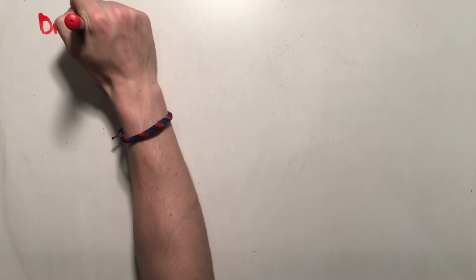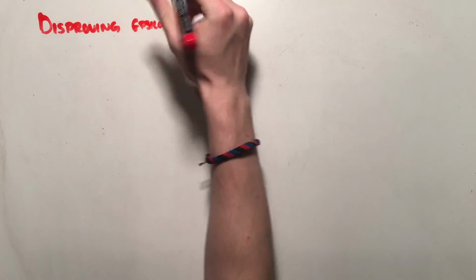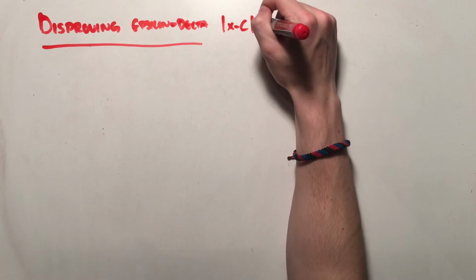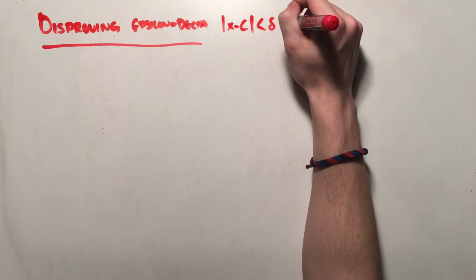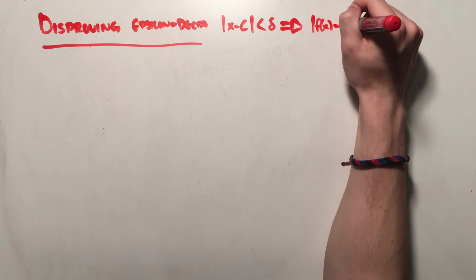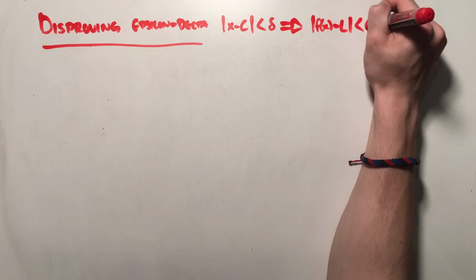Disproving a limit using the delta-epsilon definition. We can also use the delta-epsilon definition to disprove a limit.